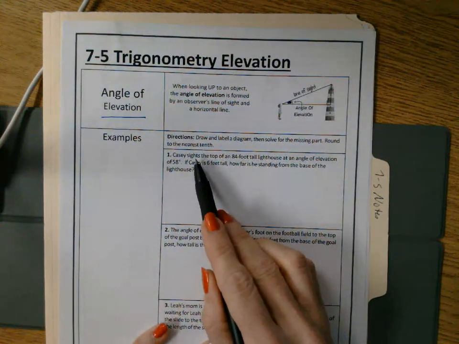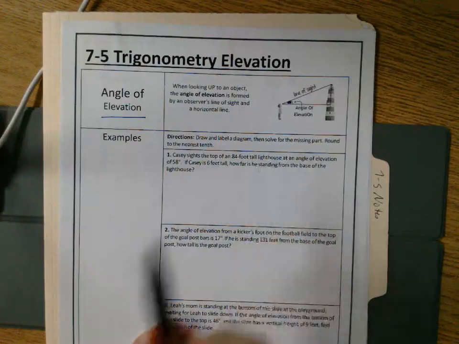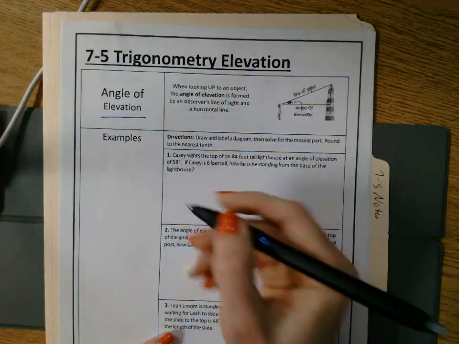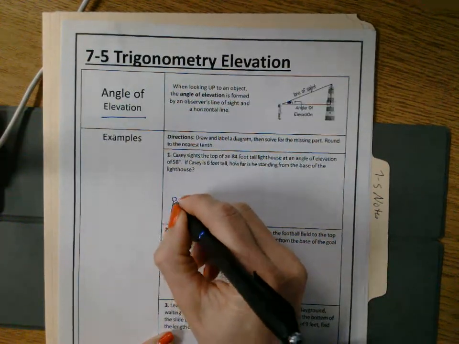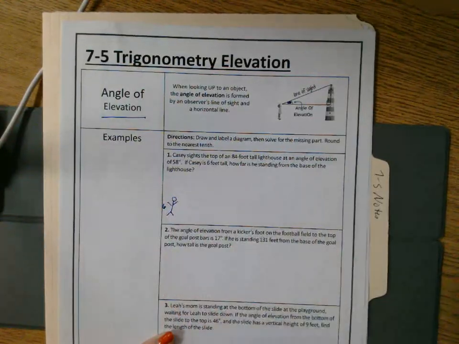So KC sights the top of an 84-foot tall lighthouse at an angle of elevation of 58 degrees. If KC is 6 feet tall, how far is he standing from the base of the lighthouse? So draw our little person here. He is 6 feet tall.